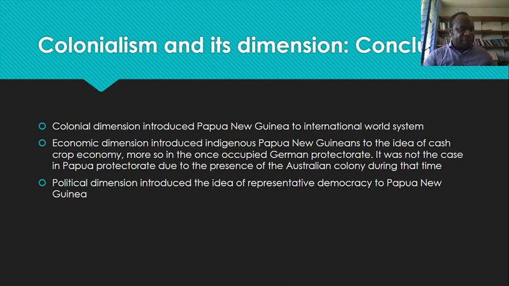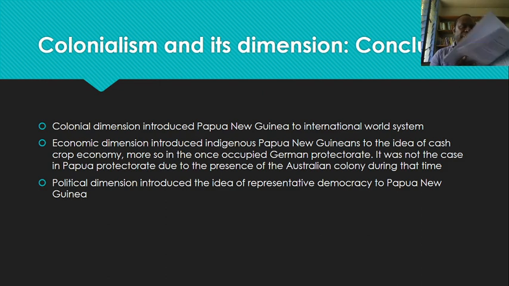And then we have the political dimension that introduced the idea of representative democracy to Papua New Guinea. So that basically covers Unit 1 and Unit 2. Unit 1 talks about competing theories of colonialism, and Unit 2 talks about colonialism and Papua New Guinea.